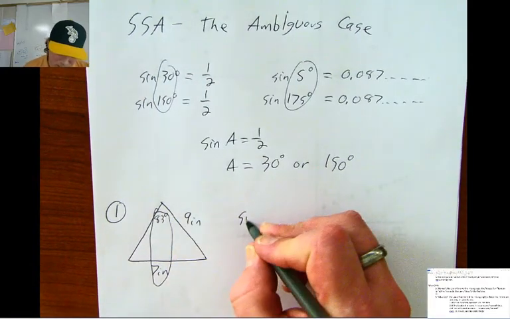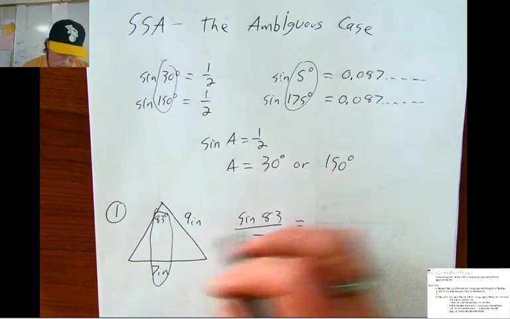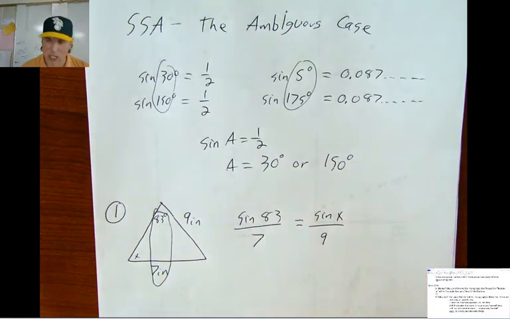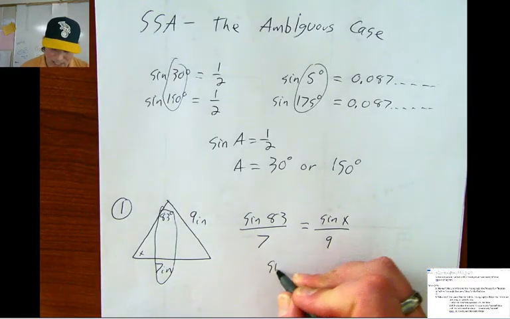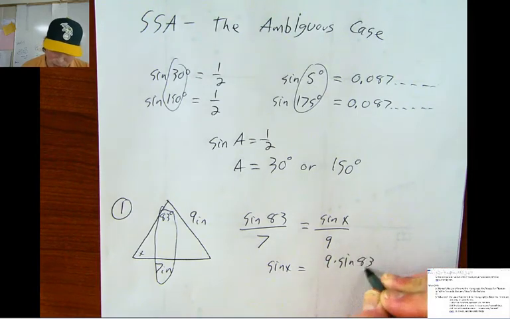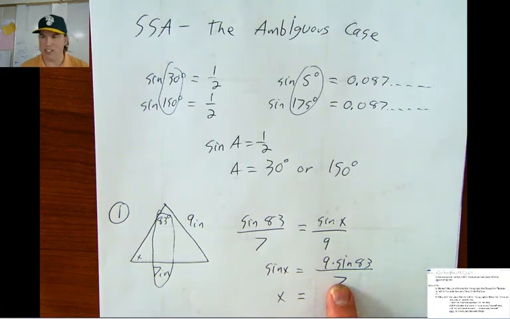So sine of 83 over 7 equals, this is my first x, so sine of x over 9. You work it out, sine of x equals 9 times sine 83 all over 7. X equals sine inverse of all that.